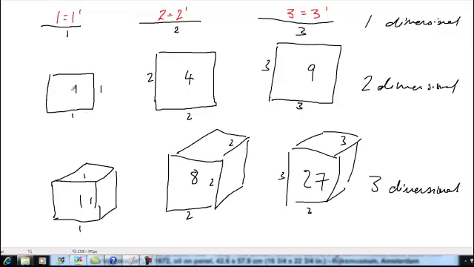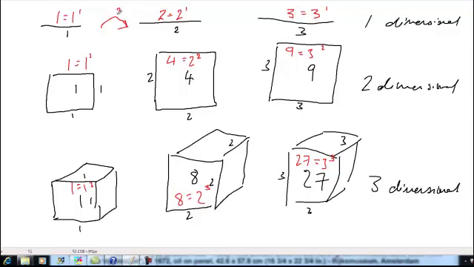Similarly, for the square, 1 is equal to 1 squared, 4 is equal to 2 squared, and 9 is equal to 3 squared. Down here I've got 1 is equal to 1 cubed, 8 is equal to 2 cubed, and 27 is equal to 3 cubed.